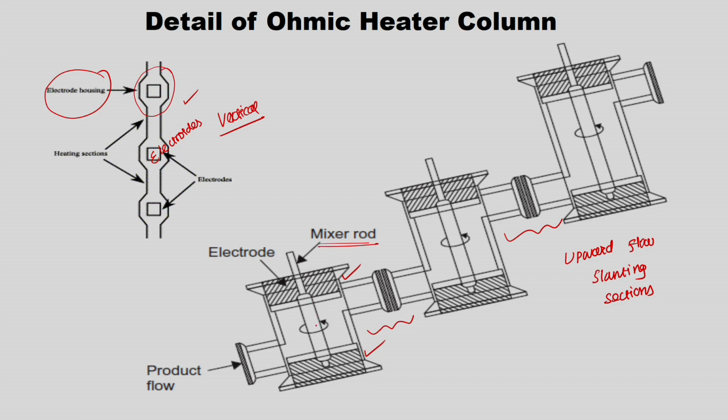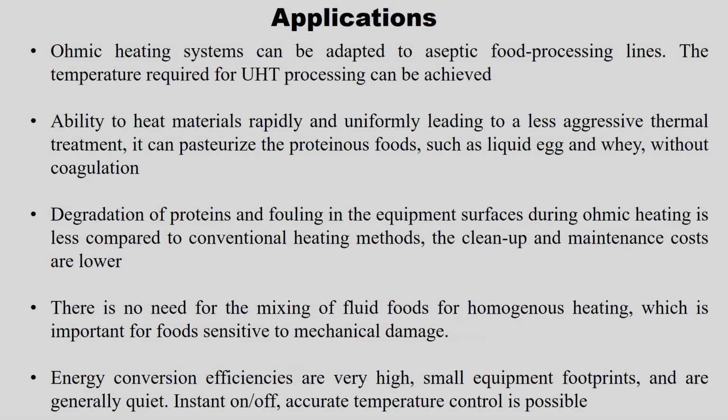The mixture rod will give the agitation for proper mixing of the fluid. This is the product flow, and here you will get it at the exit. Other than that there is not much difference between them. You can have a mixture rod or you cannot, it depends upon the requirement of the industry or the fluid food products.